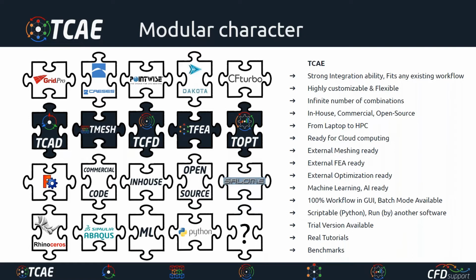As you know, there are hundreds of CAE projects out there, either commercial, open source, or in-house. But TCAE is still here to fit into the system, and it can drive them. It can run other software or be run by another software. No matter if it is in-house, commercial code, or another open source, TCAE is capable of covering all these.